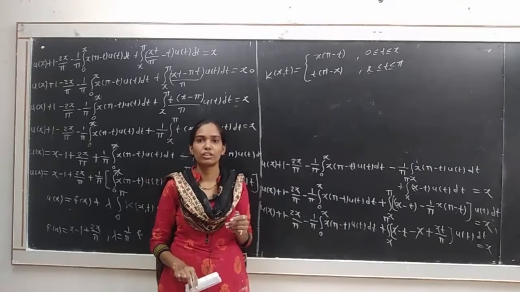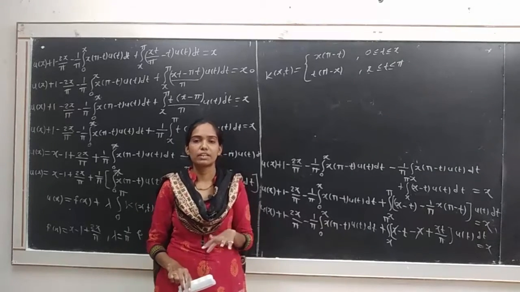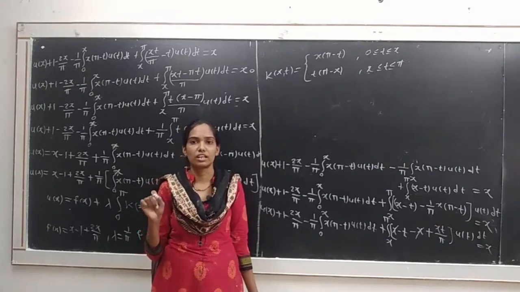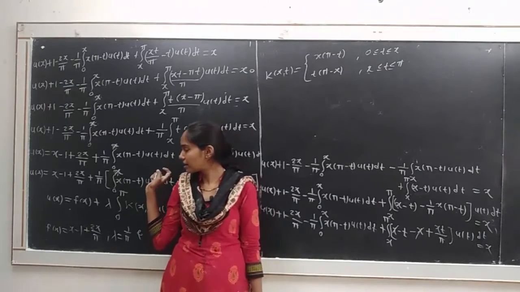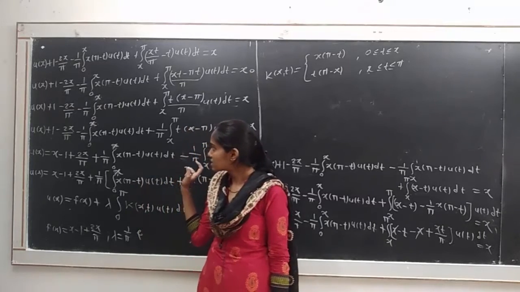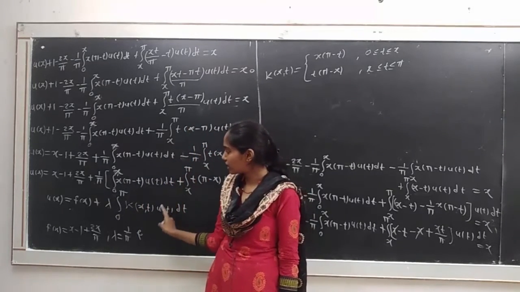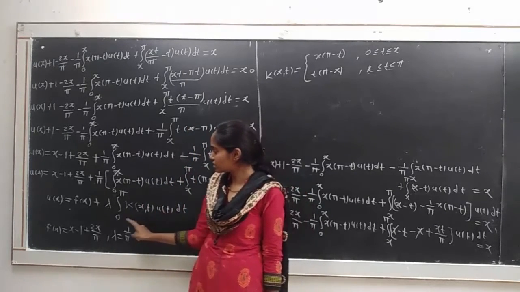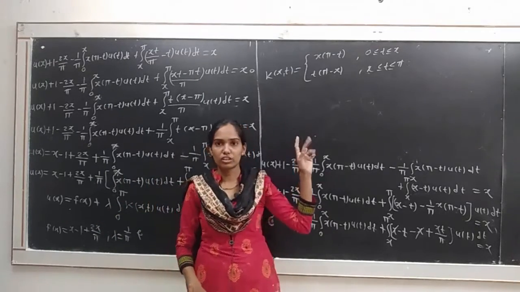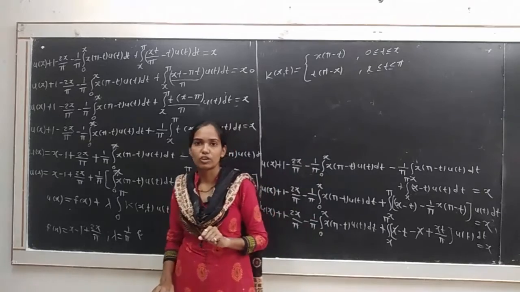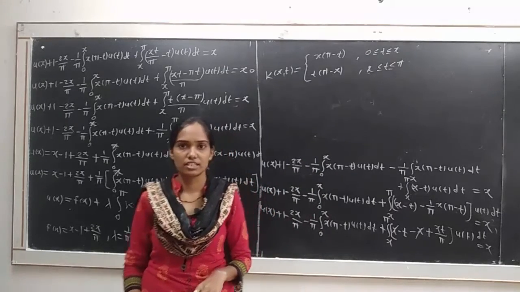That is, if the given interval is 0 to 1, then split that interval into 0 to x and x to 1, and then simplifying that equation, we have to get the Fredholm integral equation in this form. That is, we have to get the split kernel in the two intervals. Okay, then we see the next example.